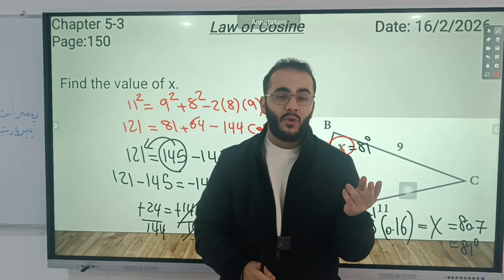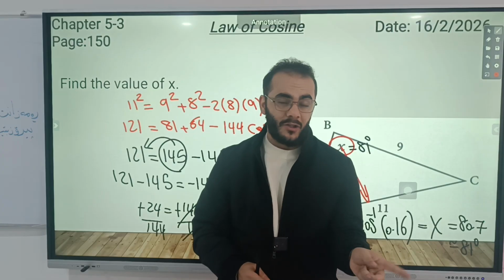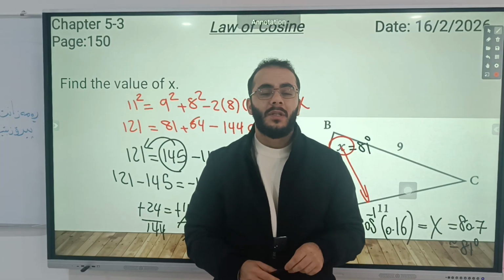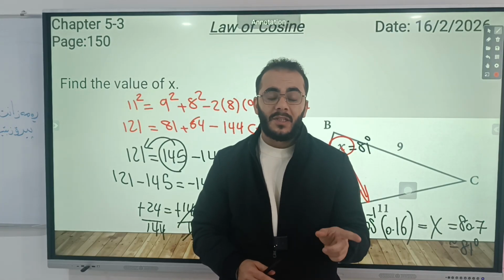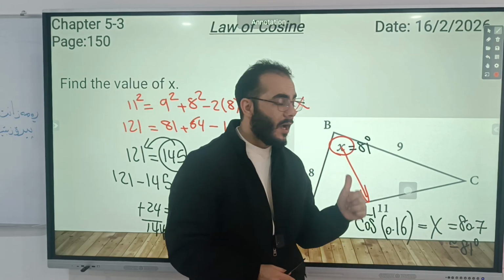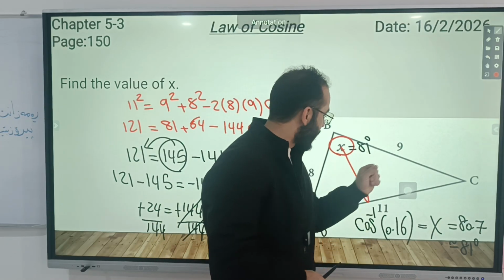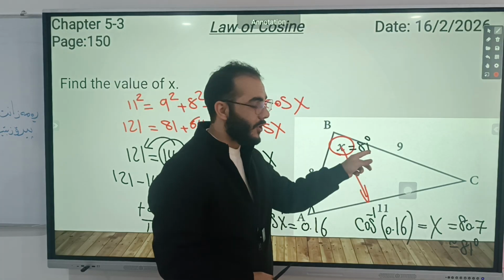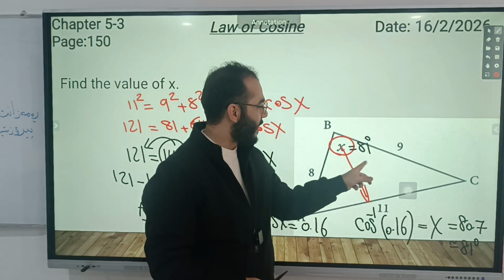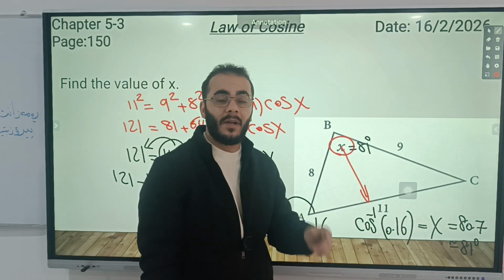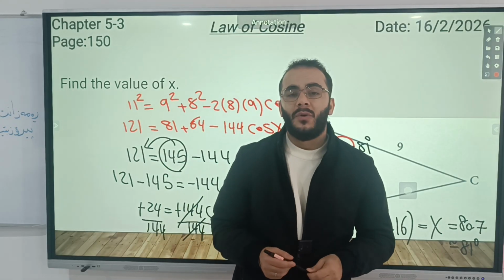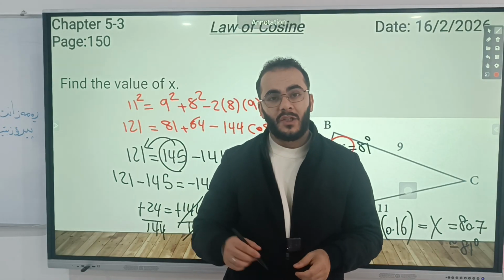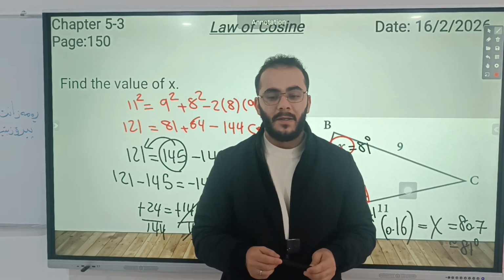As well as if we have two angles and one side but not between them, still we use the law of sine. There is the last case regarding the cosine. If all the three sides are given in a triangle, and it asks for one of the interior angles, in that case we are going to use the law of cosine as we already defined it.